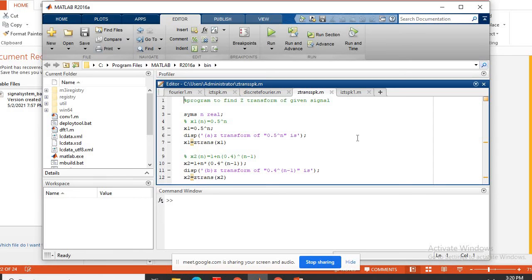So in MATLAB we can do it. For that there is a ready-made function available, ztrans, Z-T-R-A-N-S. So that is the function. Now see the program.